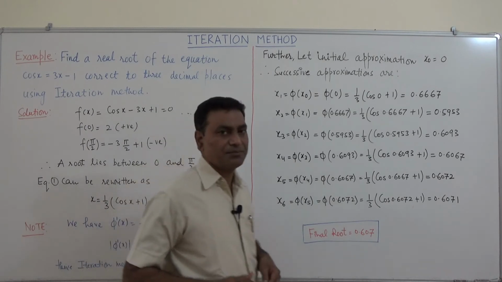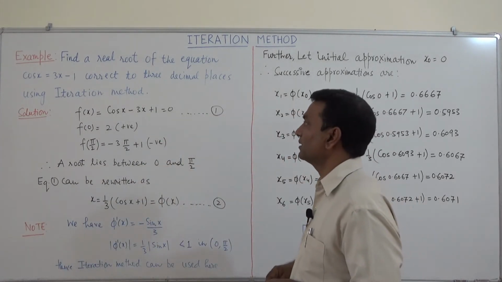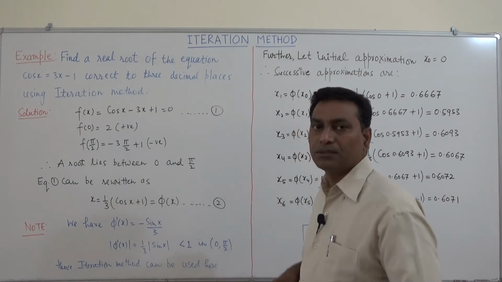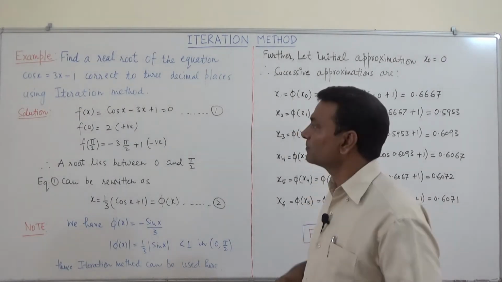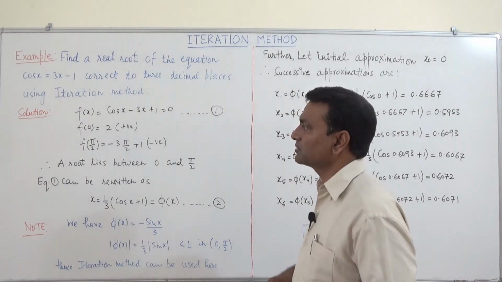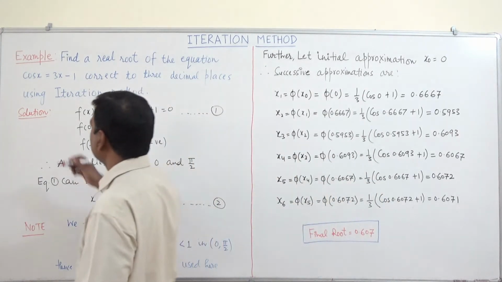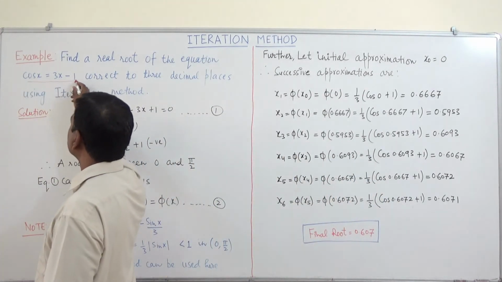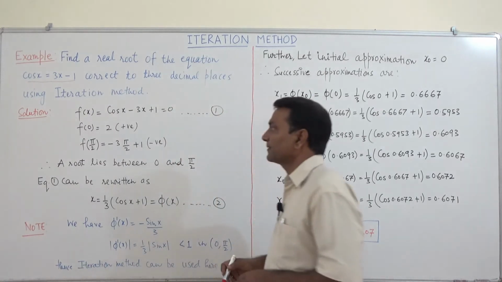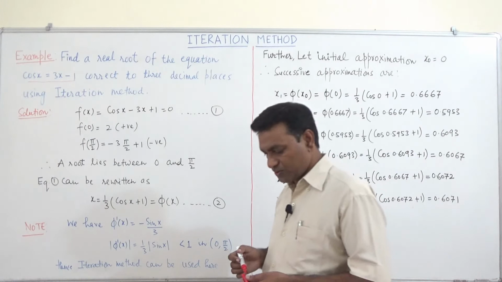Suppose we have to find a real root of the equation cos x equals 3x minus 1, correct to 3 decimal places, using the iteration method. Now we will see its solution.